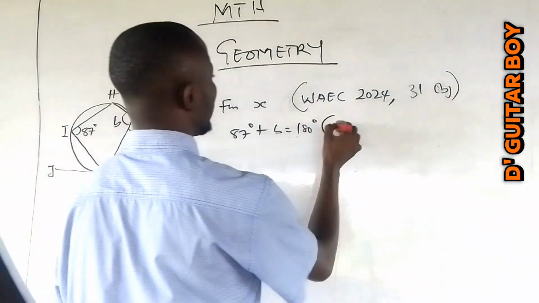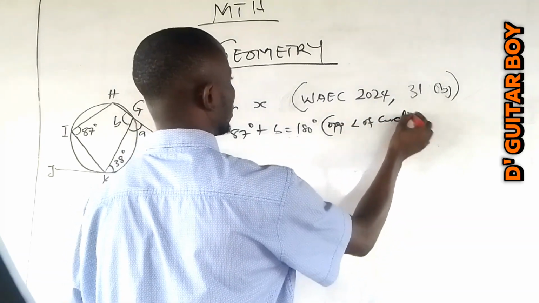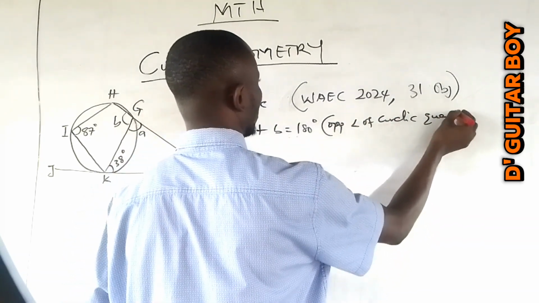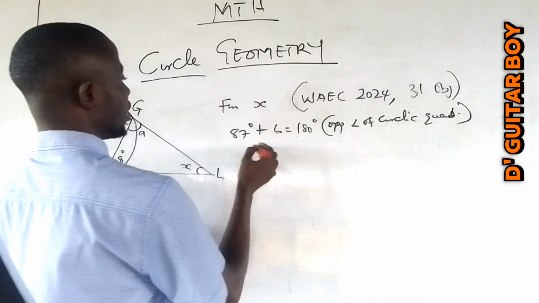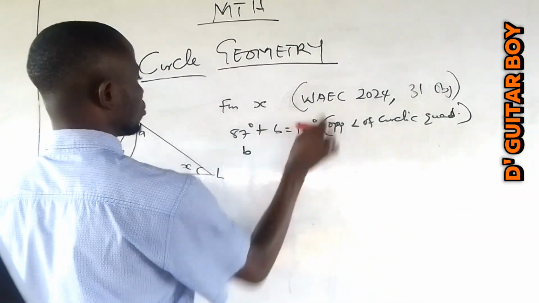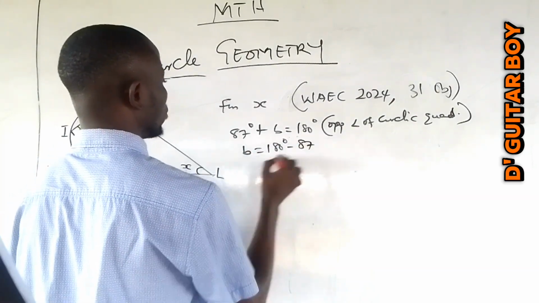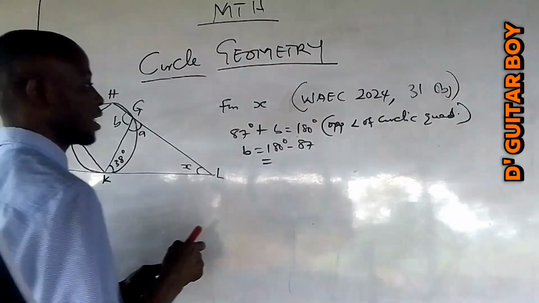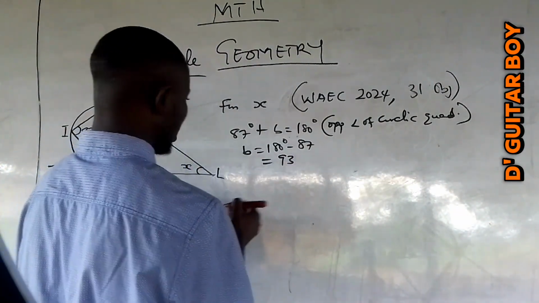What's the reason? Opposite angle of a cyclic quadrilateral. Then you move this one to this side: B is equal to 180 degrees minus 87, which is equal to 93. So you have calculated your B now.